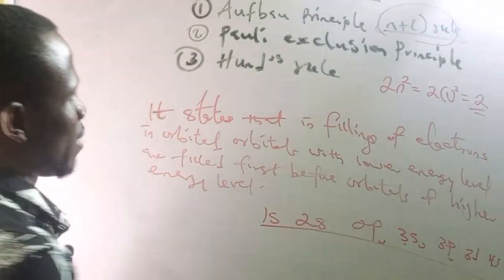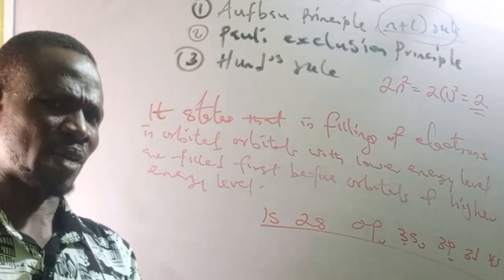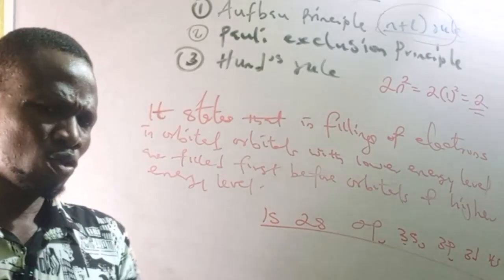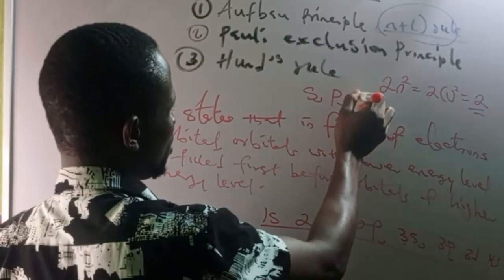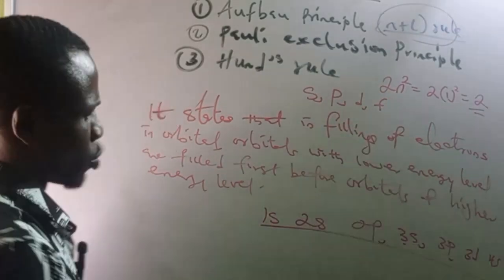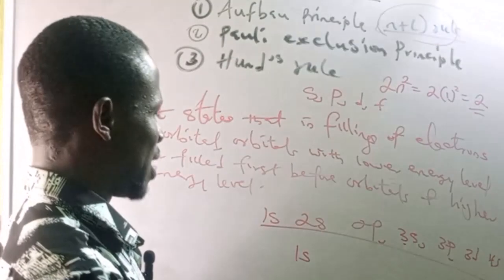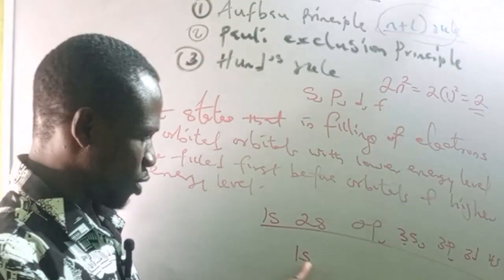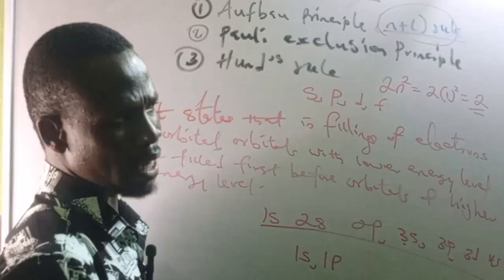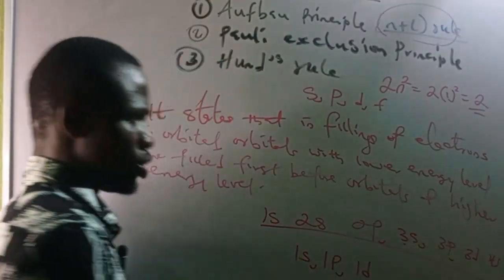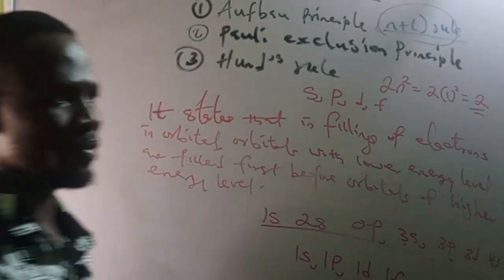So in the first energy level, how many orbitals can you have? You're supposed to have up to 4 orbitals. Remember, I taught you s, p, d, f, right? So you're supposed to have 1 s orbital of the first energy level, 1 p orbital, 1 d orbital, and 1 f orbital of the first energy level.